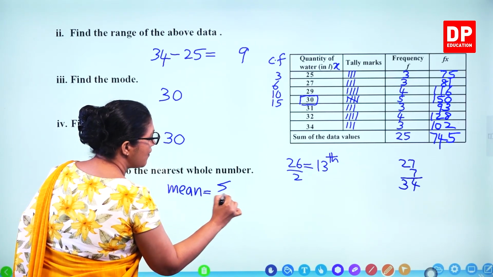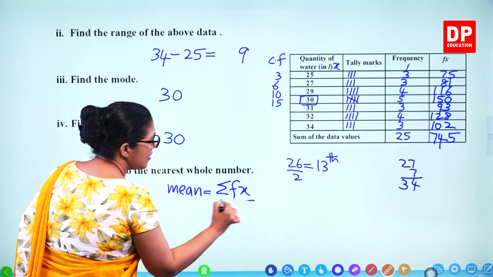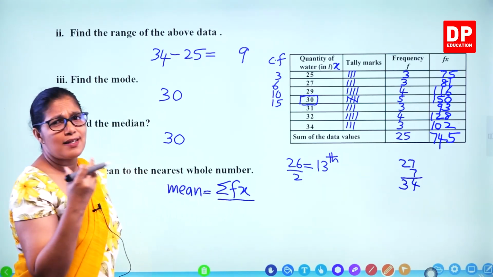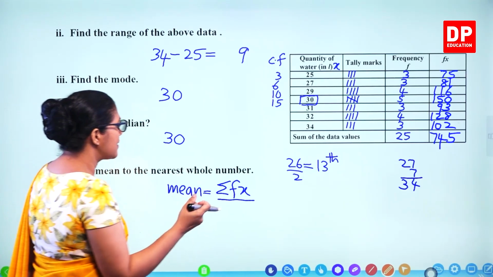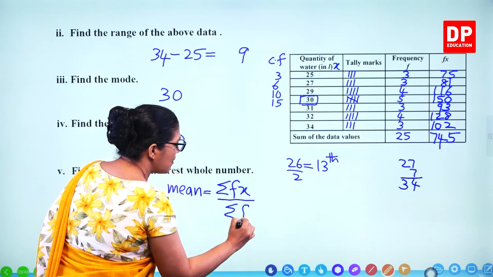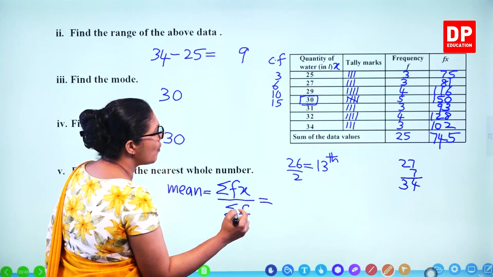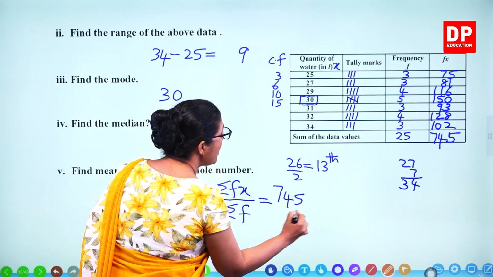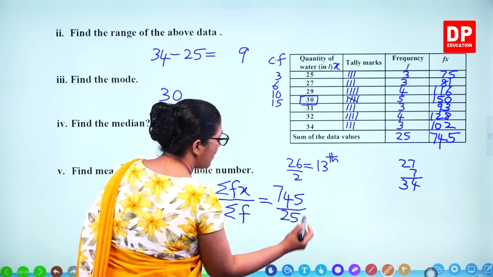Total of fx, we write with the sigma notation. Don't get upset about this notation. That's the total of fx, a mathematical symbol. Sigma f is the total of frequency. So this is 745 divided by the total, 25.